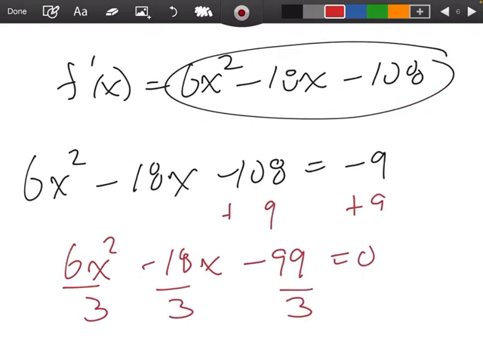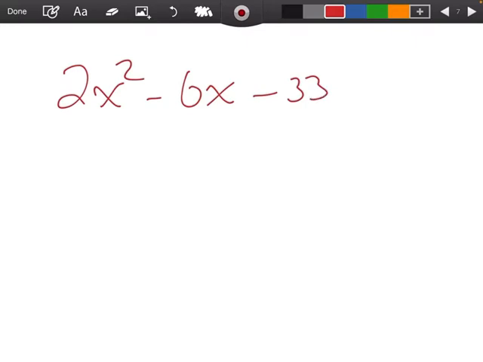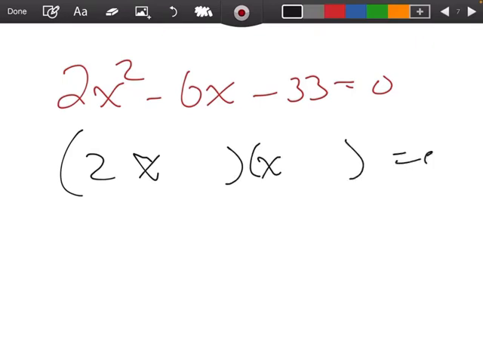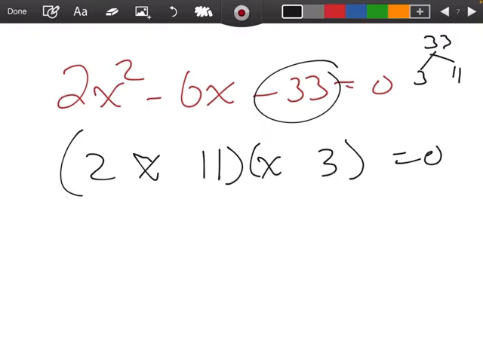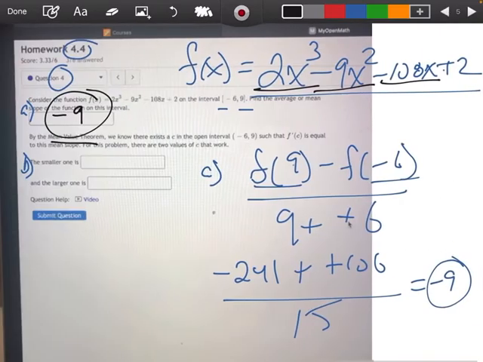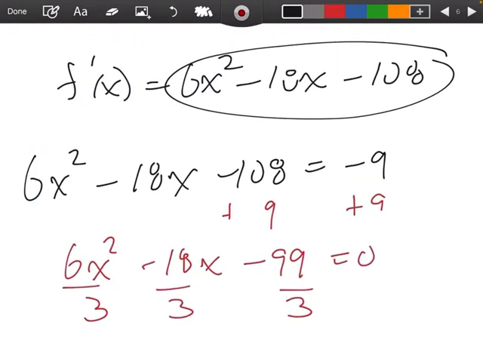Okay. So we've got to do a little guess and check method here. I know my factors of 33 are 3 and 11, and I'm trying to get to a 6. So if I put maybe an 11 here and a 3 here, let's see, negative 108 plus 9.